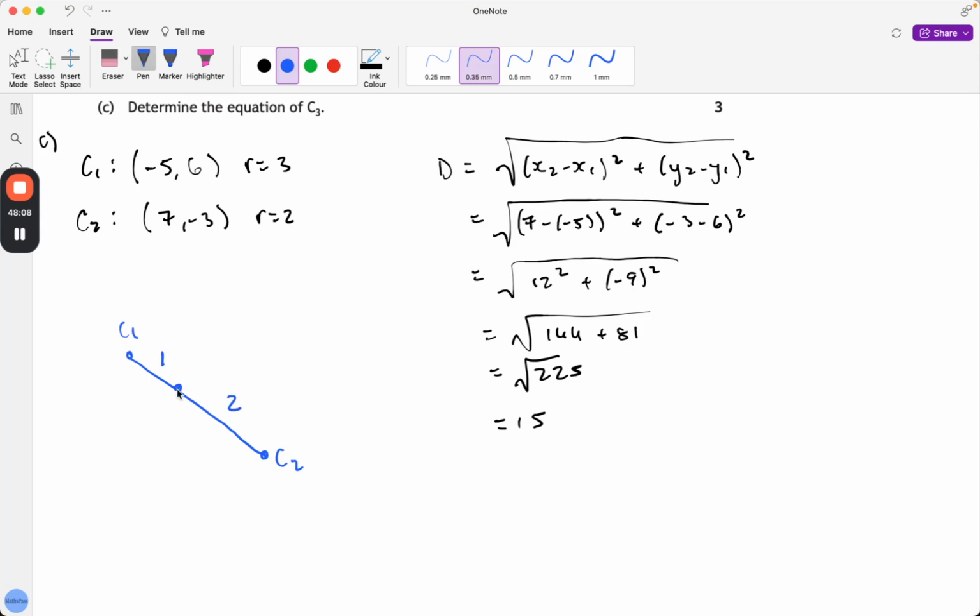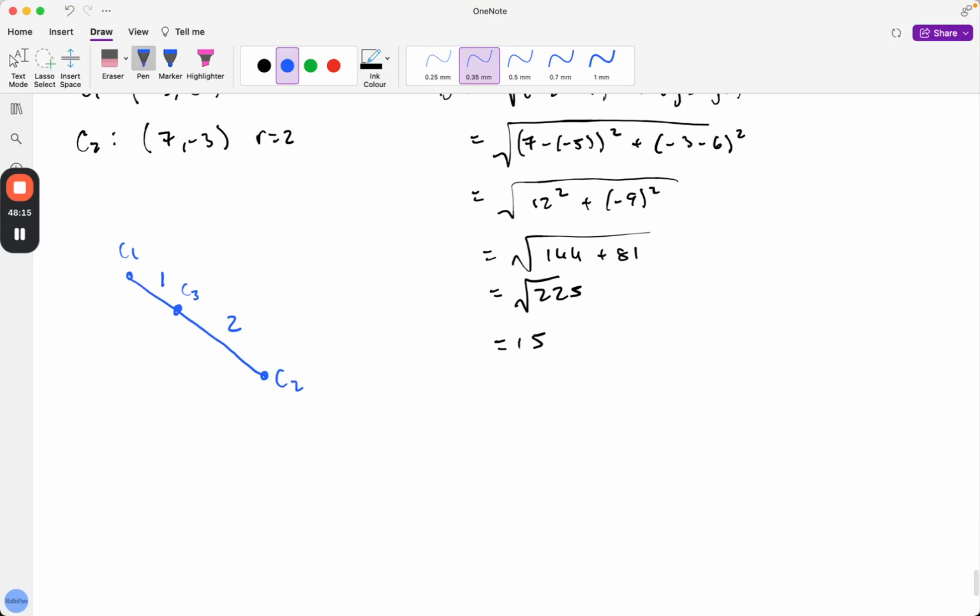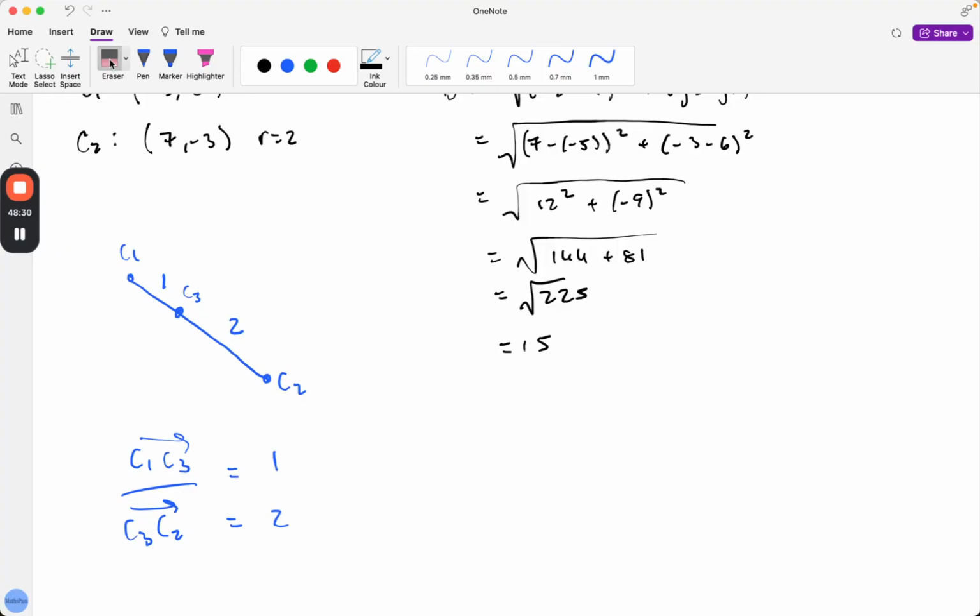So we can now use this with a little bit of vector knowledge to figure out what C3 has to be, because we now know that C1 to C3 is equal to 1, and C3 to C2 is equal to 2. And so we can write it in terms, that equal sign shouldn't be there, so we can write it in terms of this fraction here, just using our knowledge of how C3 is splitting up the line C1 to C2 with that ratio.